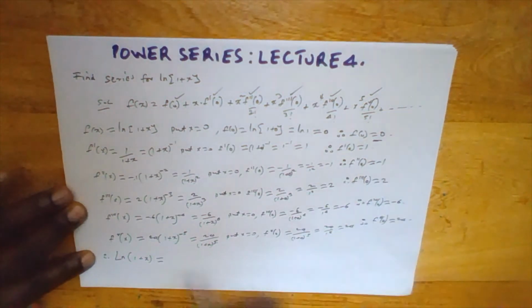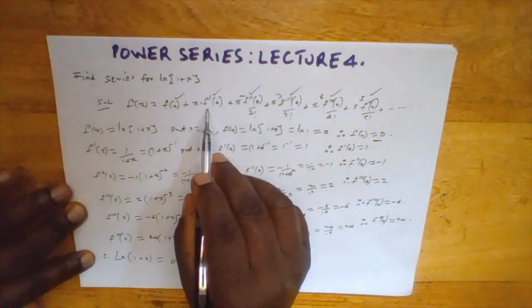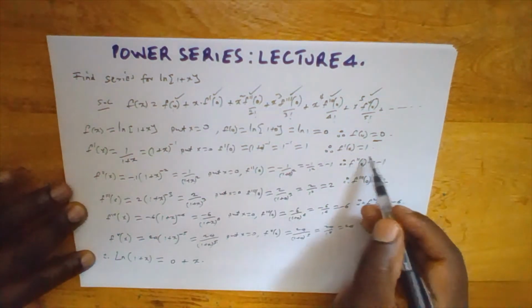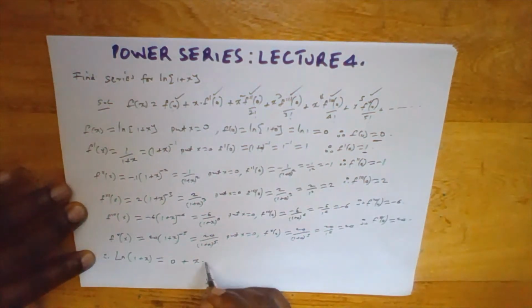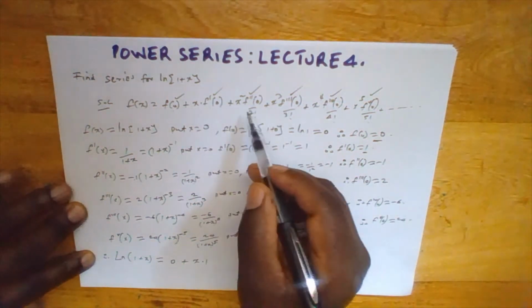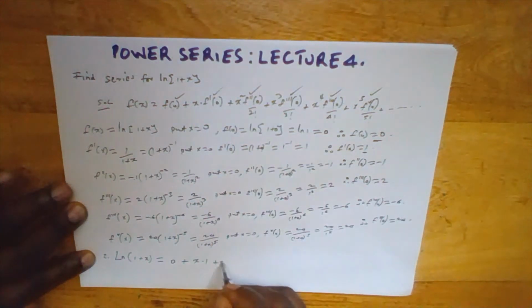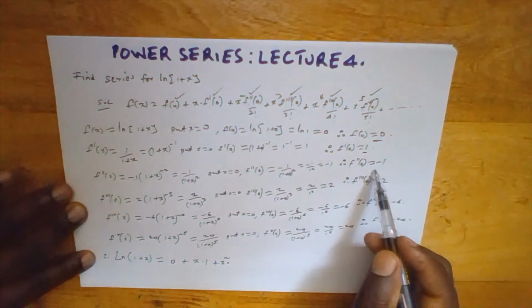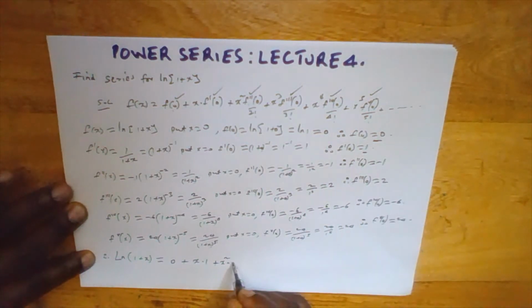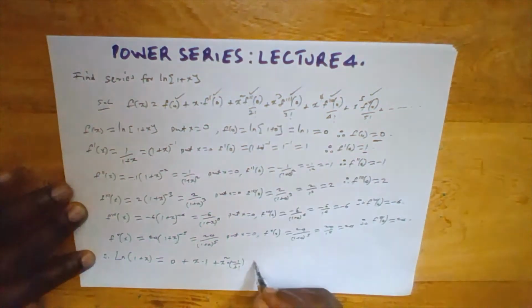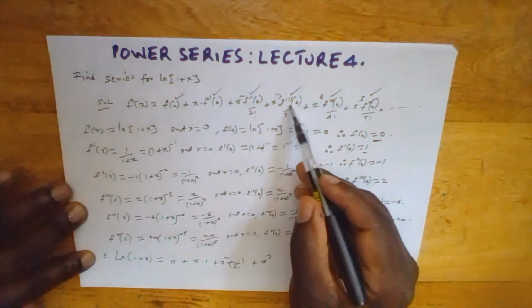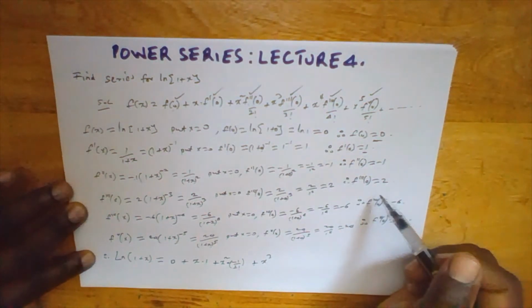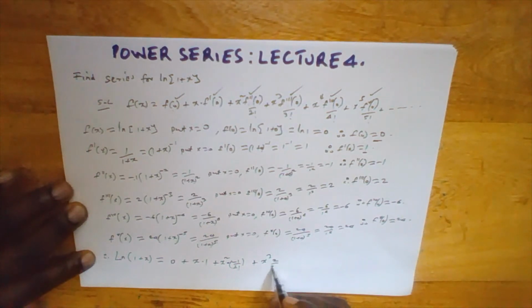Our f of 0 is 0, plus x times f prime of 0, which is 1, so x times 1, then plus x squared times f double prime of 0, which is negative 1. We have negative 1 all over 2 factorial. Then plus x cubed times f triple prime of 0, which is 2, so we have 2 over 3 factorial.